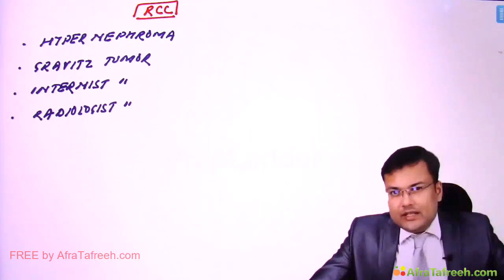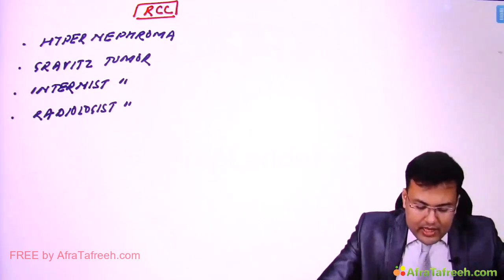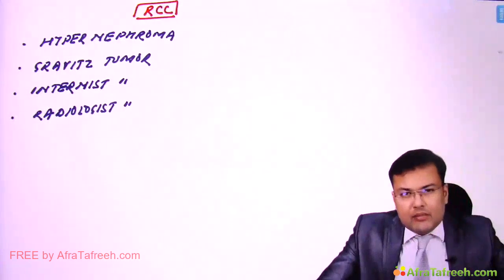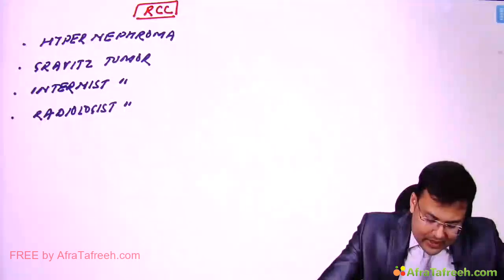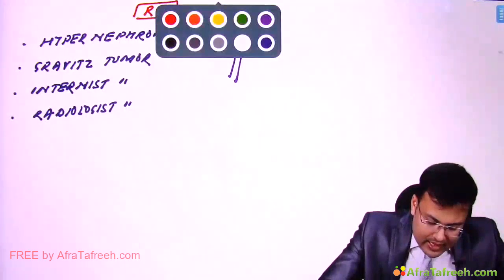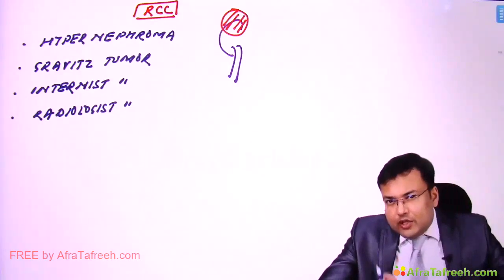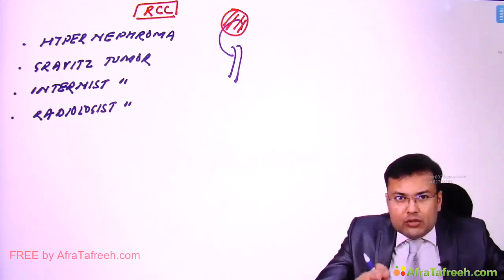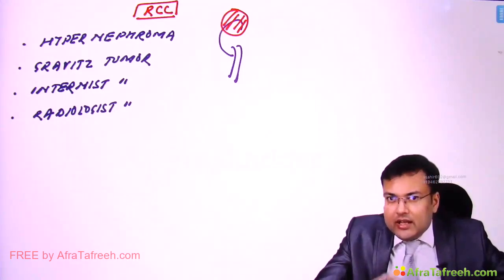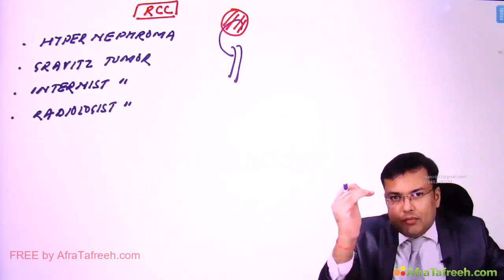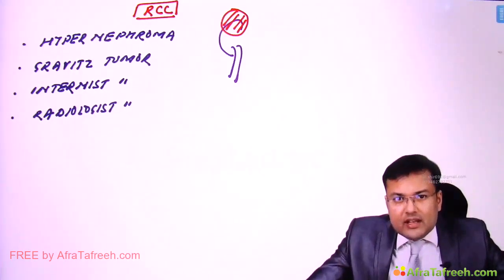Okay, so why these names? First important point, RCC arises from the upper pole of the kidney. When this tumor was diagnosed initially, both surgeons and pathologists thought that since the tumor is arising from the upper pole, most probably the origin is adrenal.